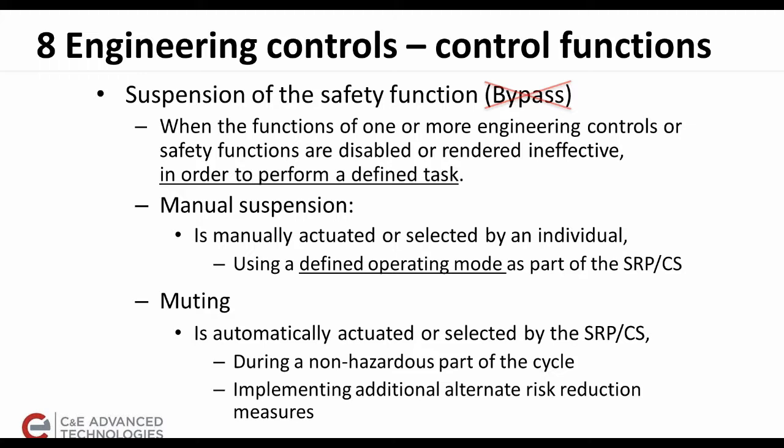The other one is muting. Muting is done automatically and is called by the safety-related parts of the control system, typically during a non-hazardous part of the cycle, such as an upstroke, or by implementing some additional risk reduction measures.